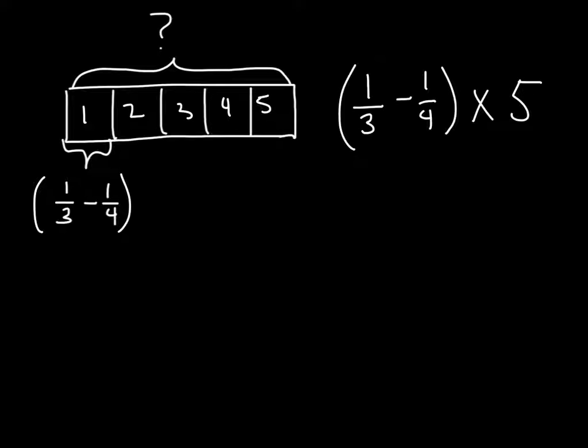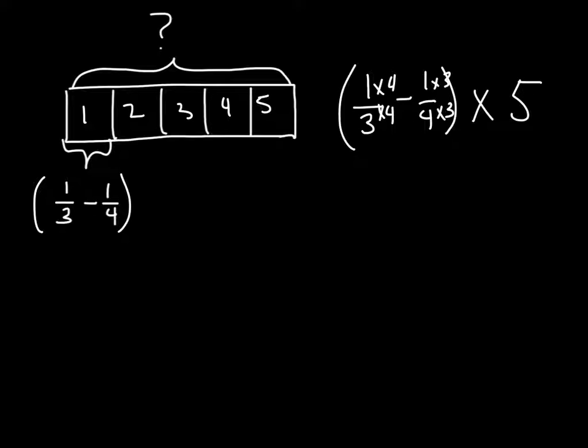And then in order to solve it, of course, I have to have a common denominator to subtract. We're reviewing a little bit of Module 3 right now. And so 1/3, I'm going to multiply that by 4 over 4. And 1/4 will be multiplied by 3 over 3.